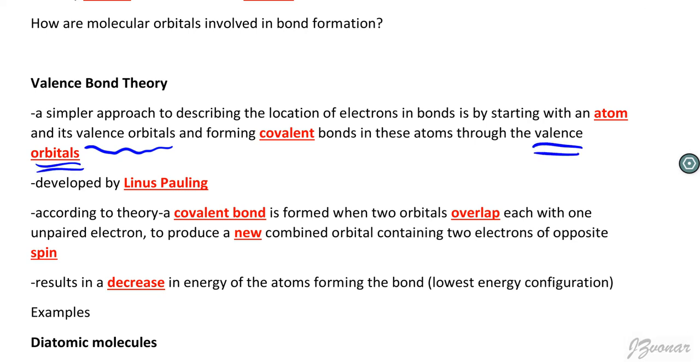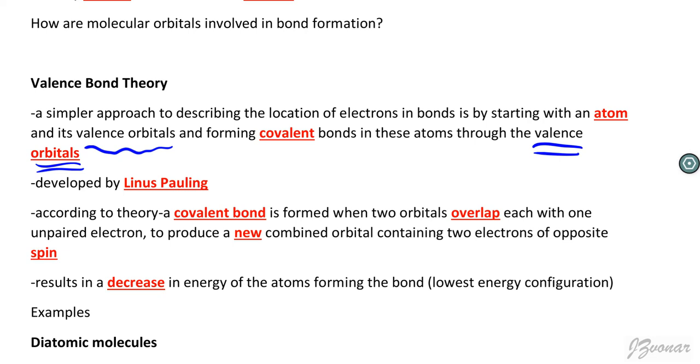And so according to this theory, a covalent bond occurs when two orbitals overlap each other, each of them having an unpaired electron. And so when they combine together and overlap their orbitals, now both of the atoms have two electrons shared between them of opposite spin.